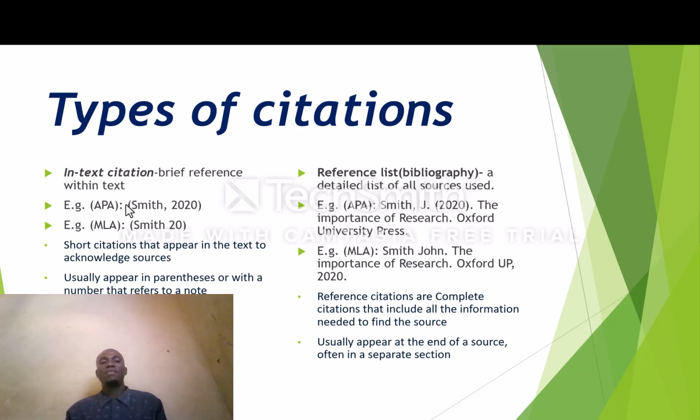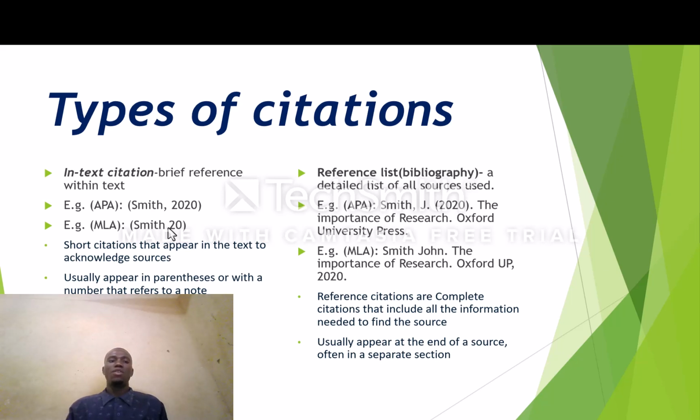A sample of APA format is Smith, which is the name of the person, comma 2020. According to MLA, you can use Smith 20. That means the same thing, but the styles are different.